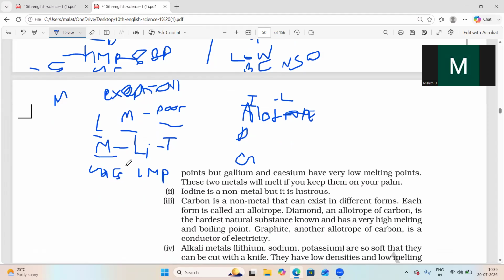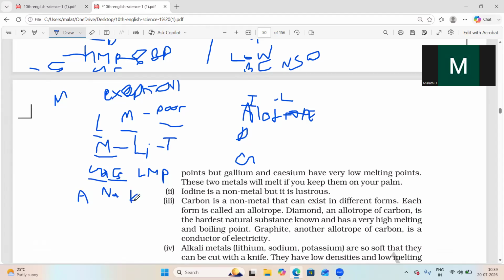Also, all metals have high melting and boiling points, but gallium and cesium have low melting and boiling points. Then the alkali metals: we know metals are very hard and cannot be cut with a knife, but sodium and potassium can even be cut with a knife.